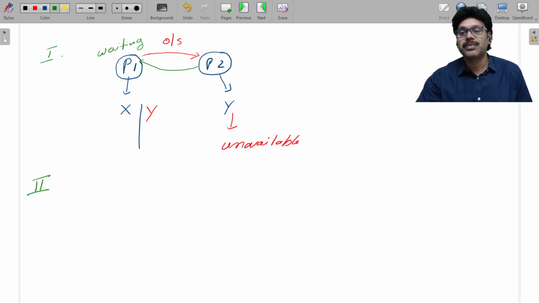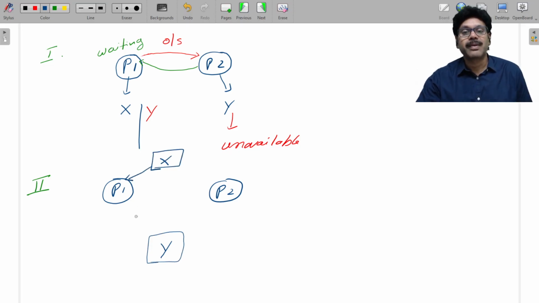Scenario 2. There is a process P1, a process P2, a resource Y, and a resource X. X is already allocated to P1, and Y is already allocated to P2.